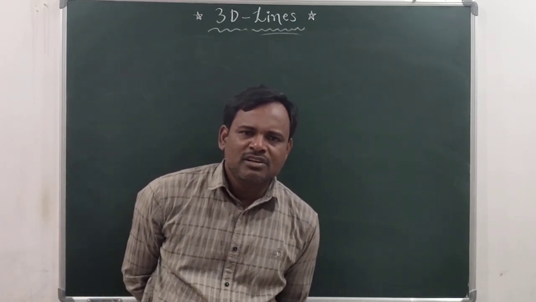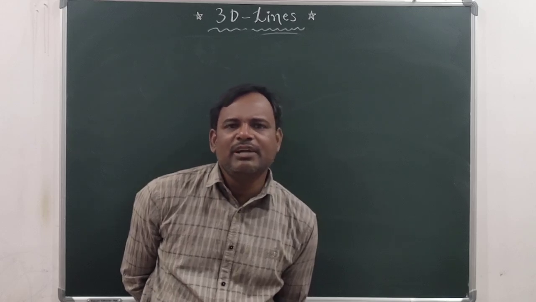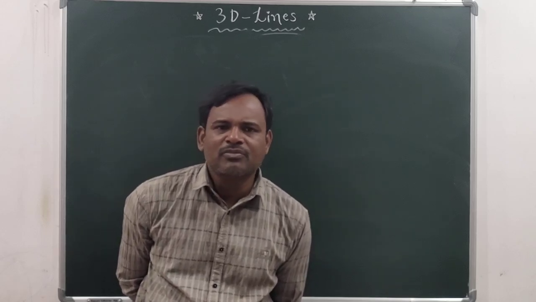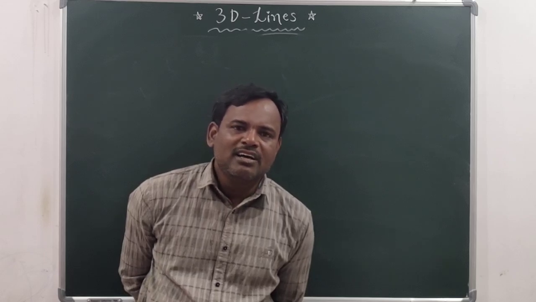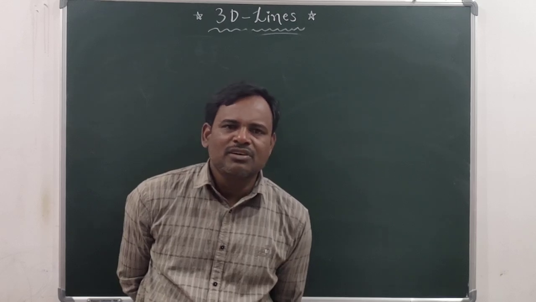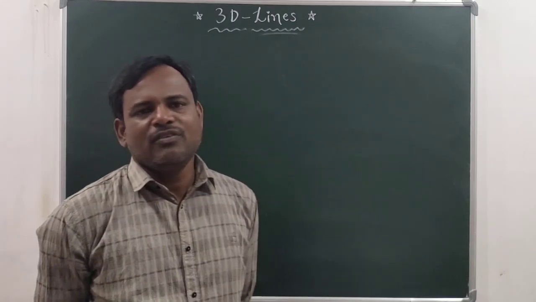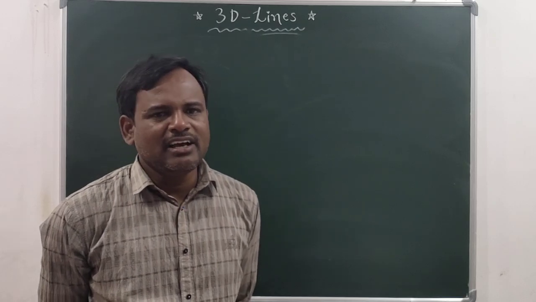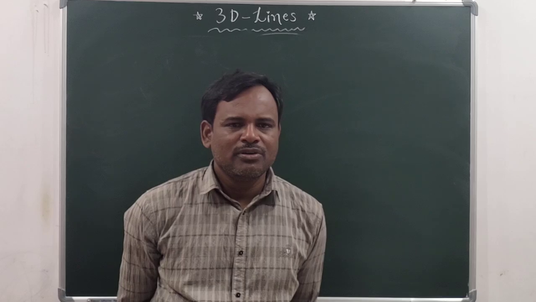Okay students, to convert this unsymmetrical form of a 3D line into the symmetrical form, we would have to know the DRs of that line and also you have to identify a point on the line. If you know the point and DRs, how to write the symmetrical form, you know. Okay.